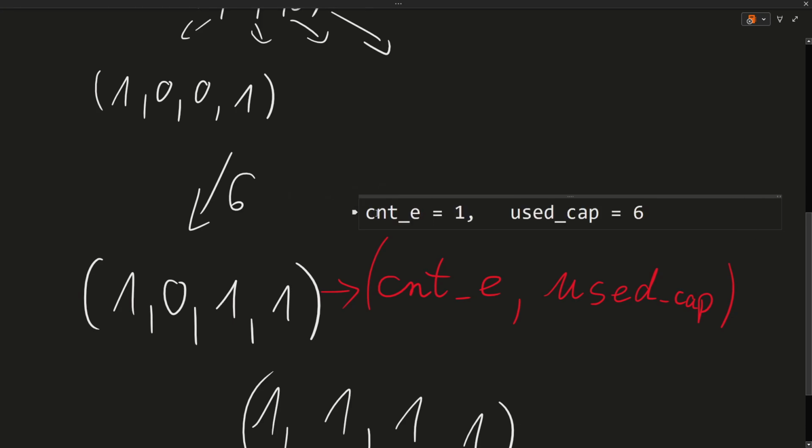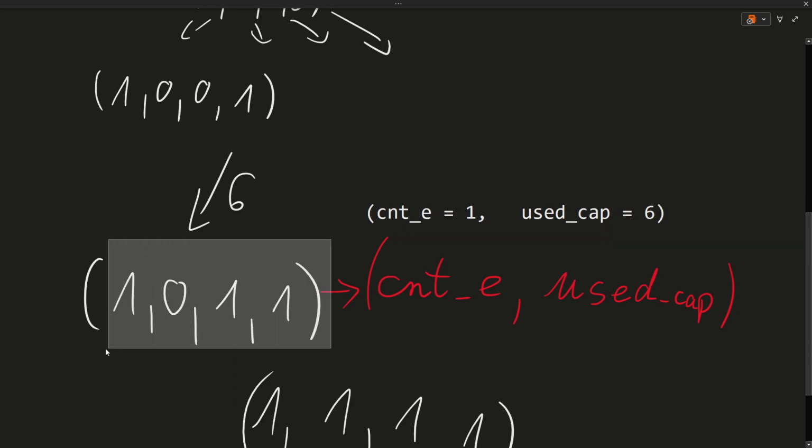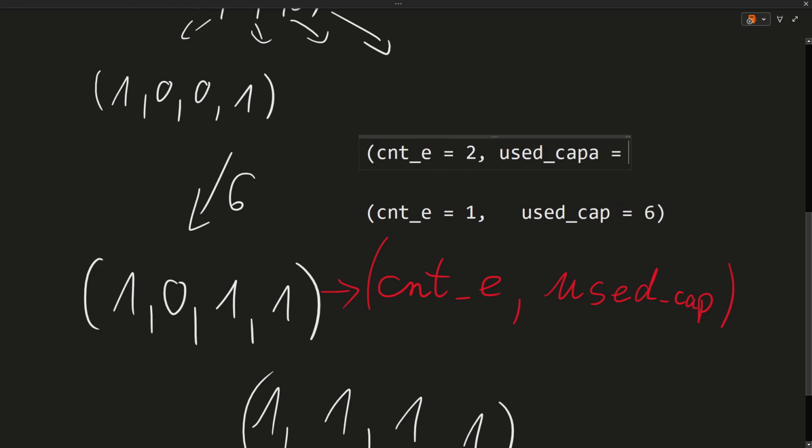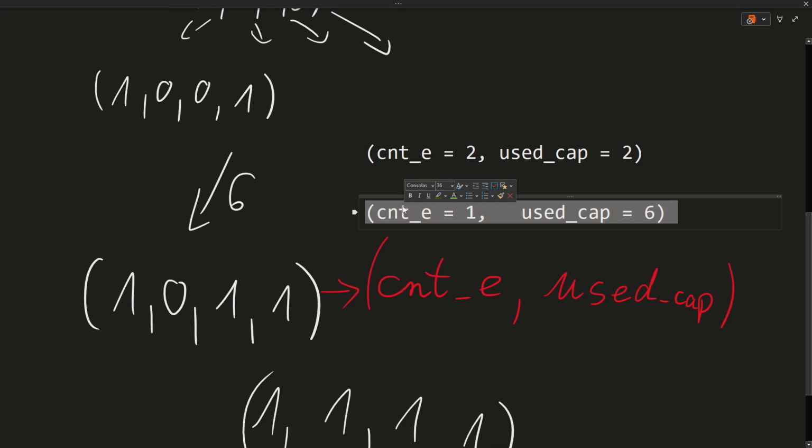And this is a pair, and if you have another path leading to this state, and it says my count elevators is 2, used capacity is 2, then you know which one is better. Sorry, this one is better. You want to minimize elevators.